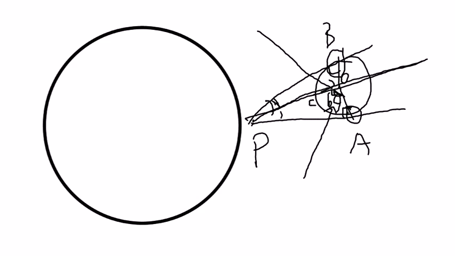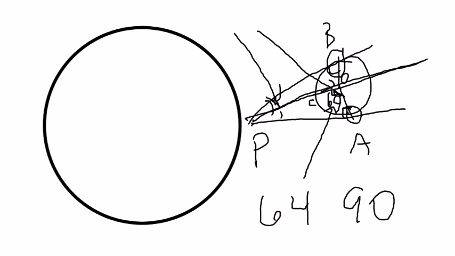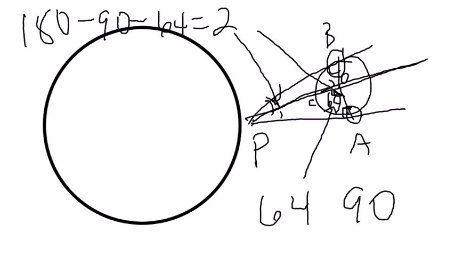So you have a triangle with angles 64 and 90 degrees, and now we just have to find the third one. The total of angles in a triangle is 180, so we can subtract 180 minus 90 minus 64, and that gives us 26 degrees. That is angle BPO.